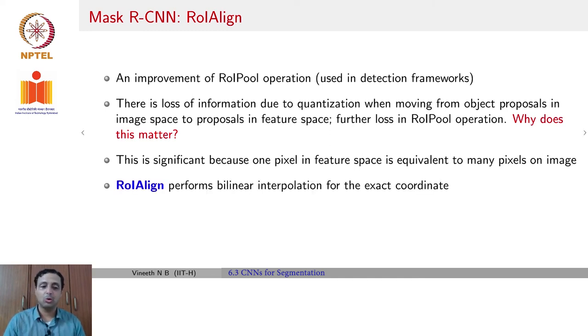So how do we overcome this problem? ROI align performs bilinear interpolation to get the exact coordinates for the locations where the object proposals match to a given feature map. This preserves translation equivariance of masks.